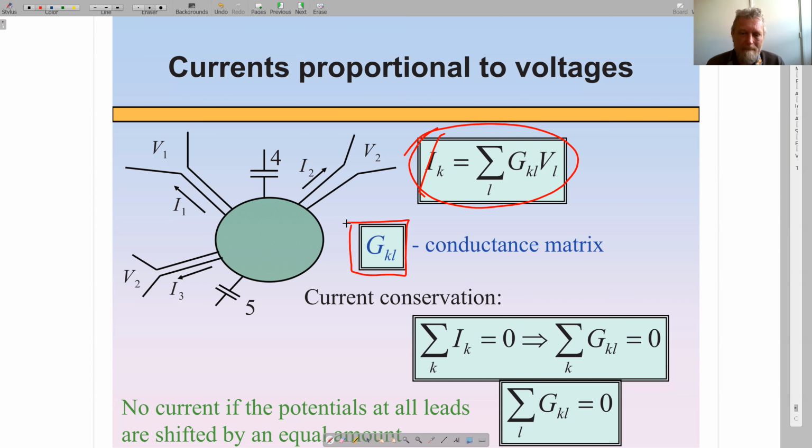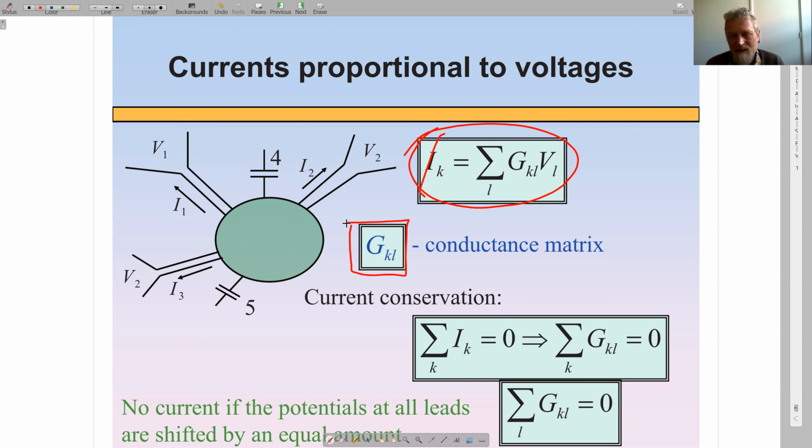Let me give two general relations which are not obvious at first or second sight, but are certainly obvious at third sight. They should be valid for any conductance matrix because they are a consequence of general laws of nature.